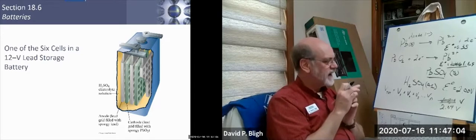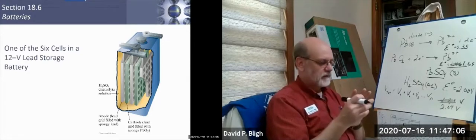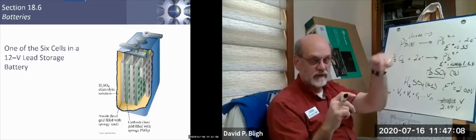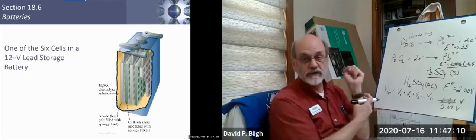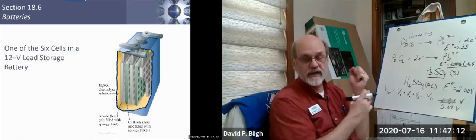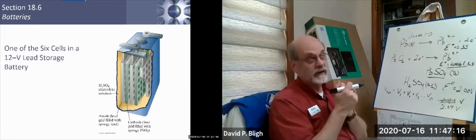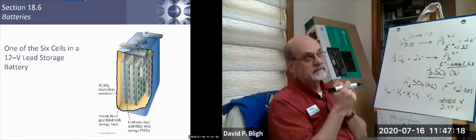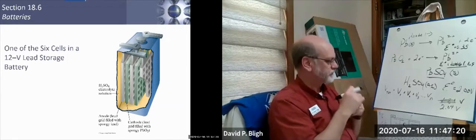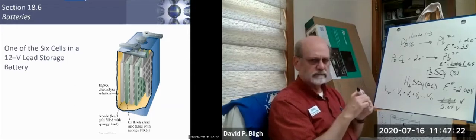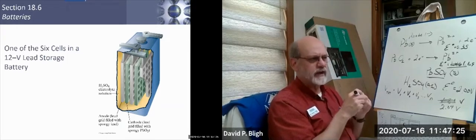So that's why your battery, if you look at the top of your battery, even though it's sealed, it might have 6 plugs in the top of it, 1 for each cell, because the cells have to be separate.